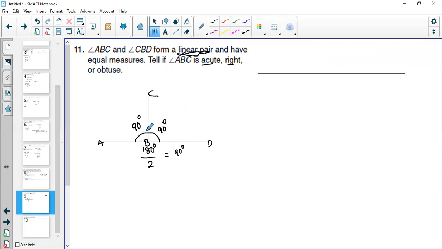All right, this is 90 degrees, which means it has to be a right angle, because a right angle measures exactly 90 degrees. So that means it is going to be right. Because they said equal measures, equal means both the angles are equal. So 180 divided by 2 will give you 90 each, which means they each make a right angle.